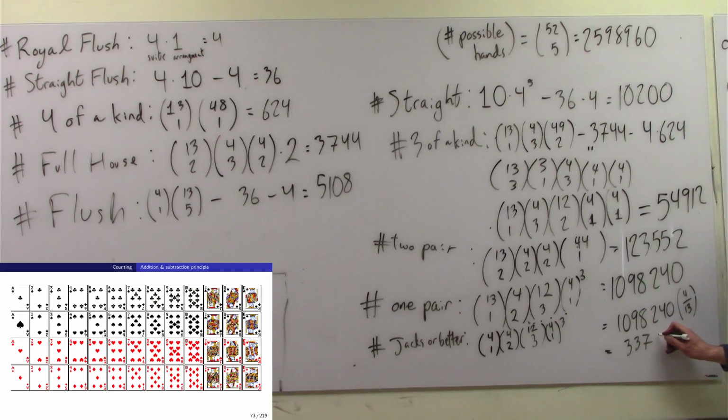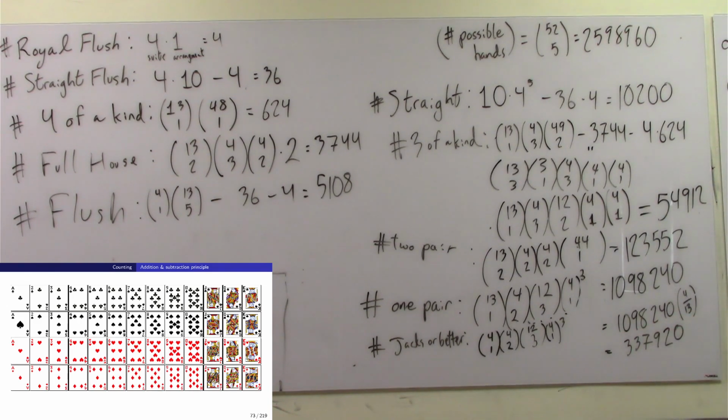33,792... wait, 337,920. Oh wait, is it the right number? Yes, for some reason I forgot this is a million. There we go.